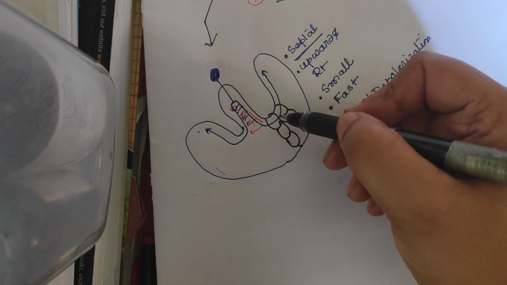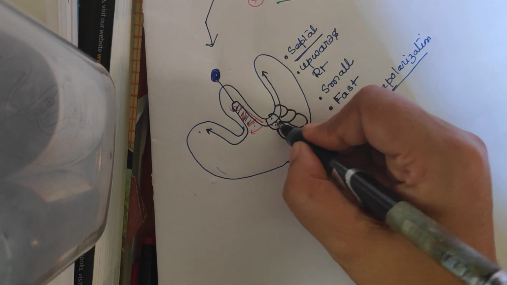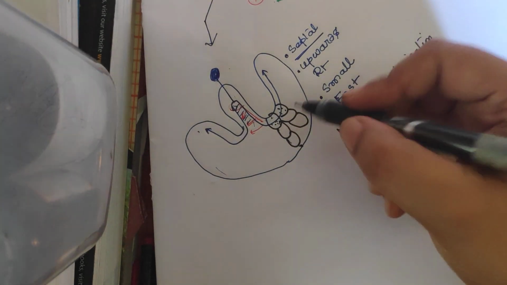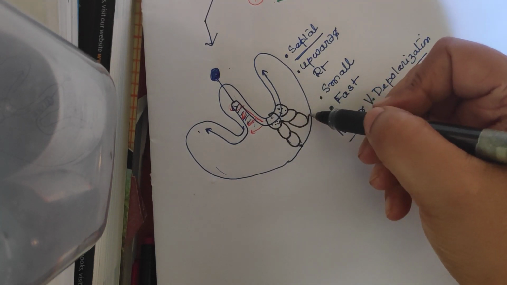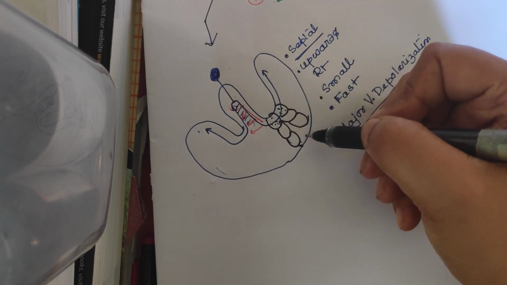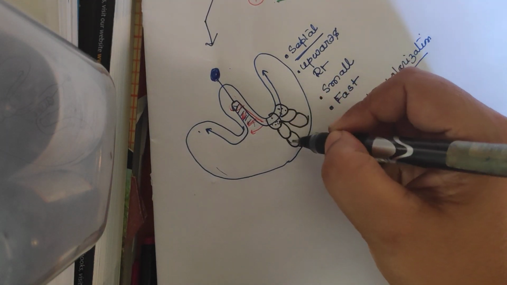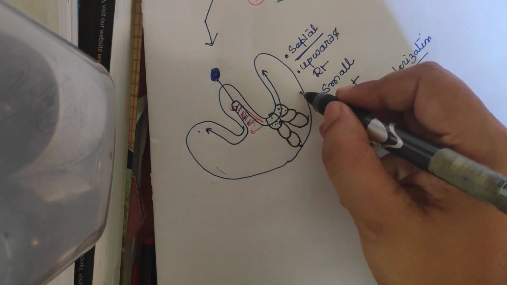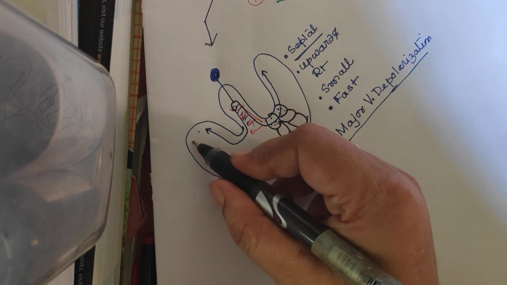So which one do you think will be depolarized first? It is the subendocardial cells which will be depolarized first, followed by the depolarization of the subpericardial cells. So in this way, the depolarization wave will move in this direction. In case of the right heart, it will move in this direction.